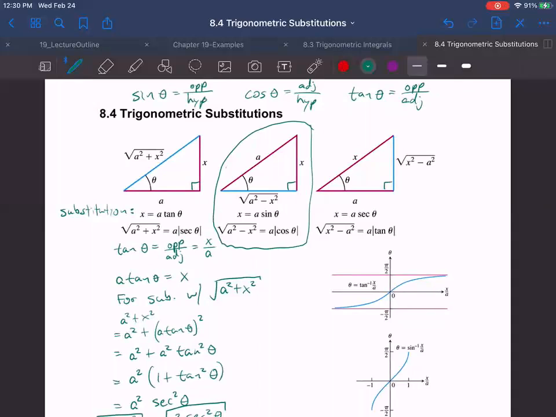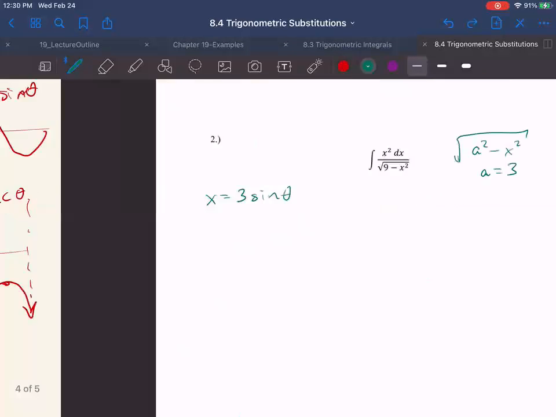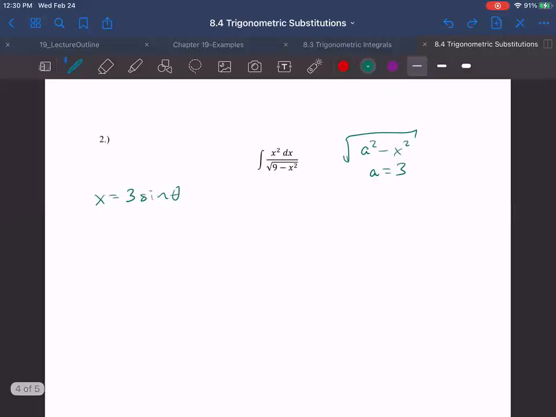When you come back over here, a sine theta. Okay? Now, we'll come back and we'll do dx equals what? 3 cosine theta d theta. There we go.